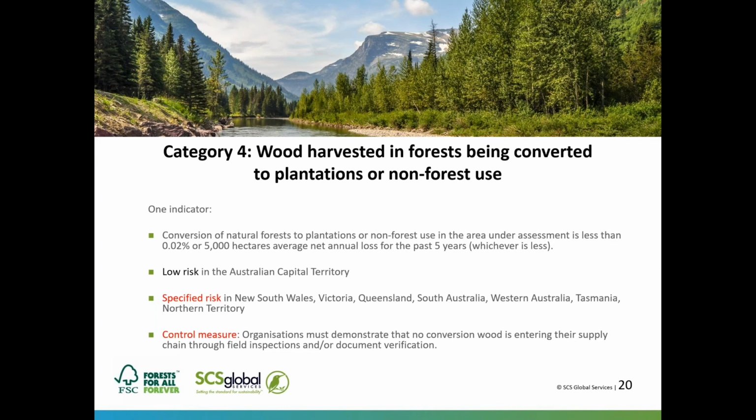And the reasons for the specified risk vary across the states and the Northern Territory, but you can find the arguments or the reasoning behind it in the National Risk Assessment.